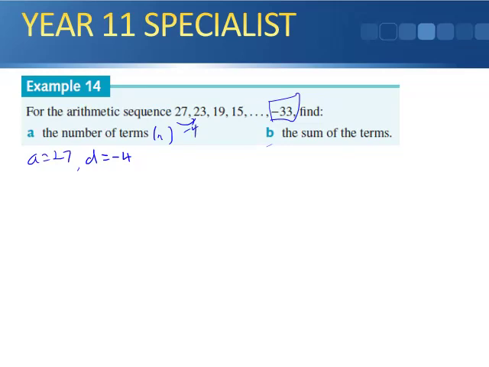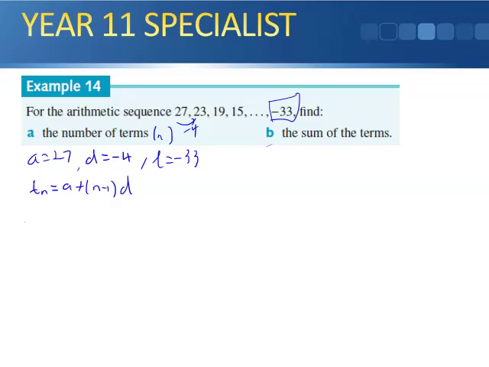And we know our last term equals negative 33. Because we want to find n to begin with, we use T of n equals a plus (n minus 1)d. We're not going to add them up. We're just going to find n because we don't know if it's 12 terms or 13 terms or 24 terms. So we have to know how many terms we have.